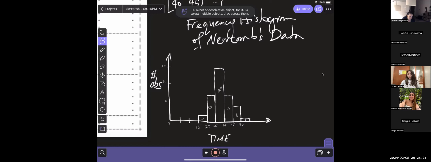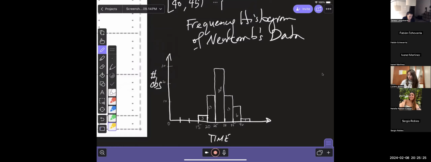I can smooth it out like I did before with the stem and leaf. Oops. And so what would you say is the shape of this distribution?